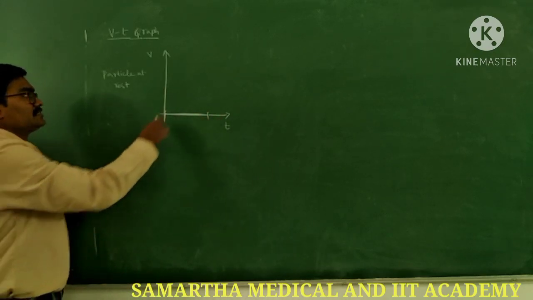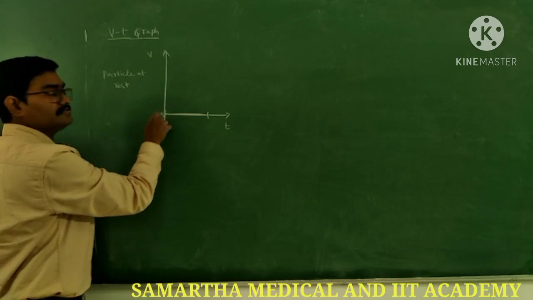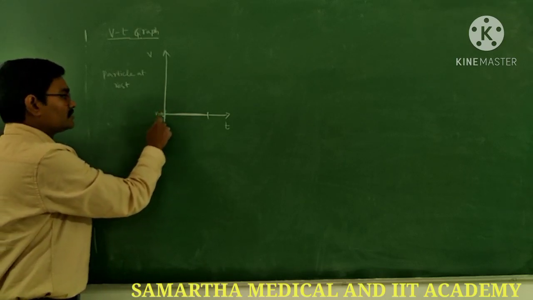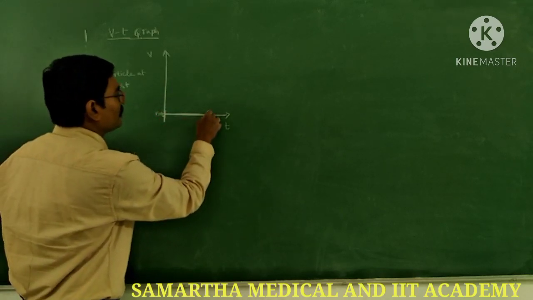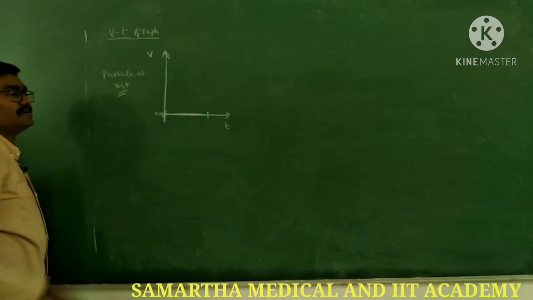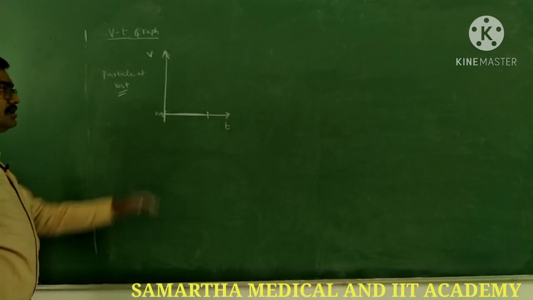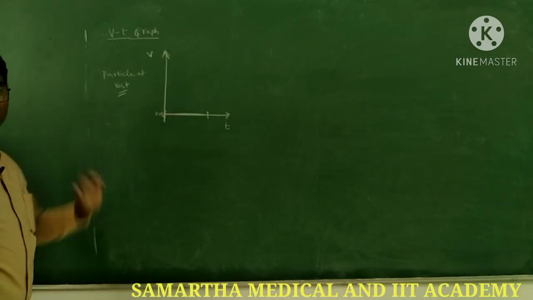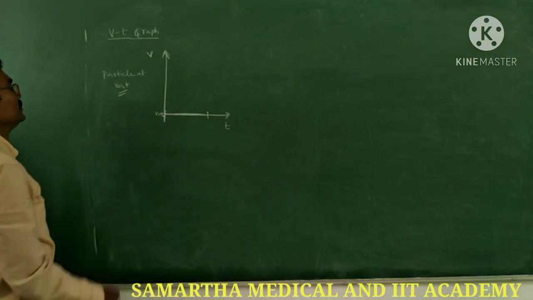Velocity 0 is here only. So the particle lies on the time axis, and this represents a particle at rest. Okay? Lies on the time axis. Next.